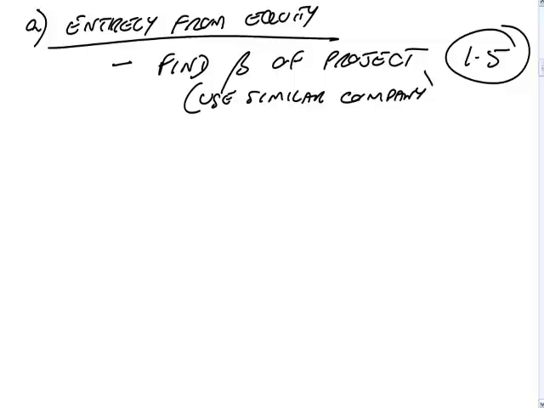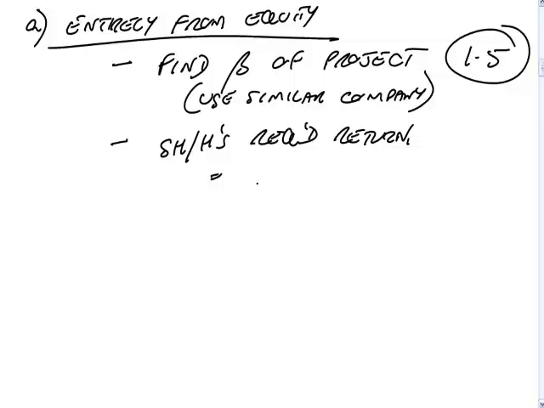This bit's just a shorter version of before. We're all equity. Well, if a project's that risk, you calculate the shareholders' required return. And the shareholders' required return, just like before, is risk-free plus beta times the premium.